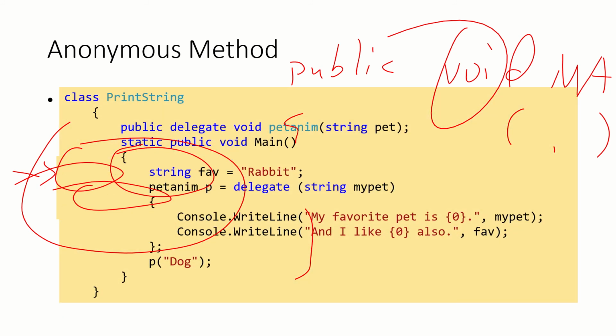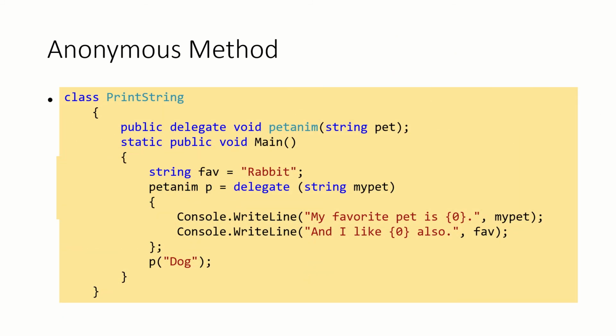Look at this example. We already declare a delegate, pet animal, okay, for which you already declare the return type and the parameter you ask the user to put.